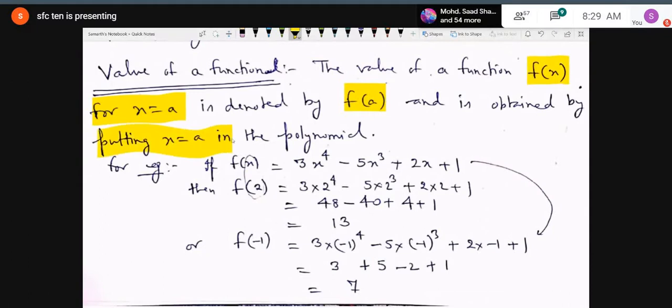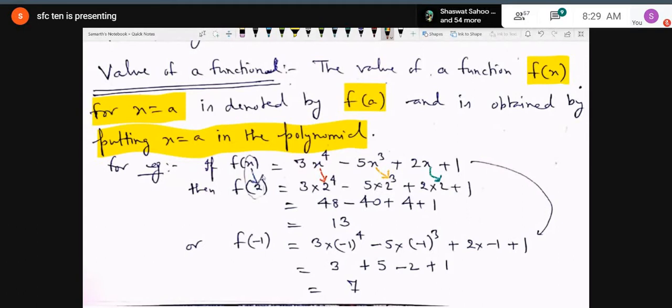Like f(x) is equal to 3x raised to 4 minus 5x cube plus 2x plus 1. So f(2) will be what? You have to replace x by 2. Then it is equal to 3 into 2 raised to 4. In place of x, you simply substitute the value 2, and when you solve, you will get f(2) as 13.